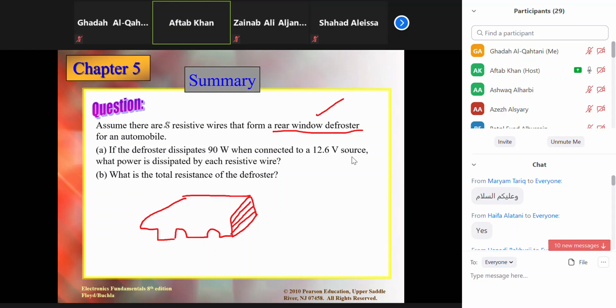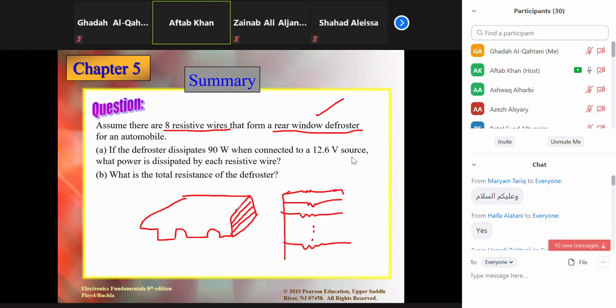So they are saying assume 8 resistive wires that form a rear window defroster for an automobile. And you can see how they are connected. You can see they are just lines over there. So it is something like that. 1, then you can say 2, 1 more 3, and so on. So how many do we have? This one.